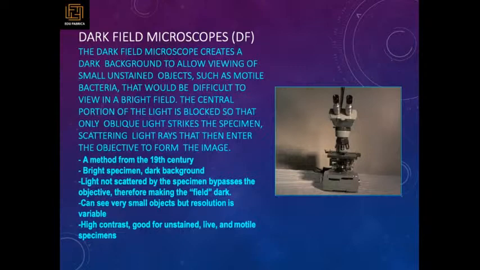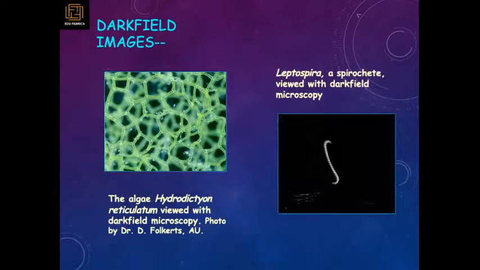This is from the 19th century. We have bright specimens on a dark background. Light is not scattered by the specimens, therefore making the field dark. We can see very small objects, but resolution is variable, with high contrast, good for unstained live and motile specimens.